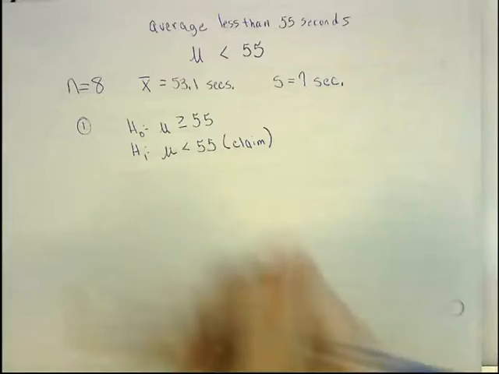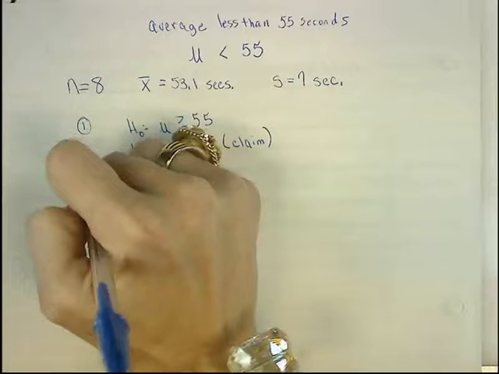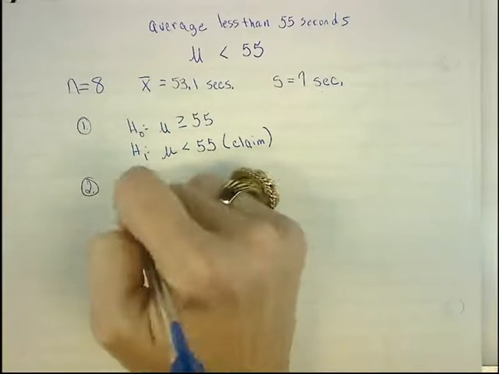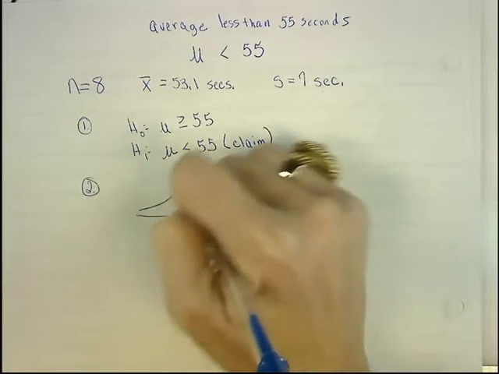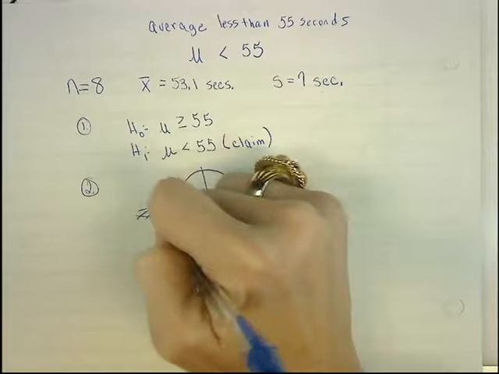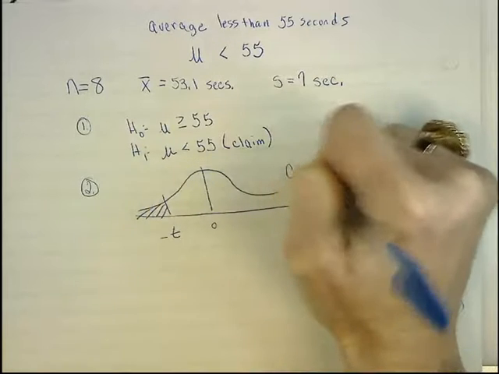I'll do traditional first. If it's the traditional method and it's a t-test, you shade the left tail, and you're looking for this negative t to be your critical value.